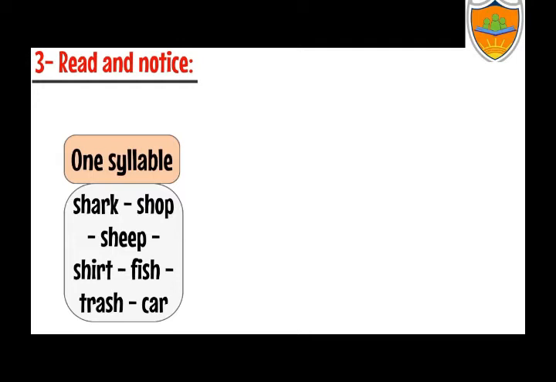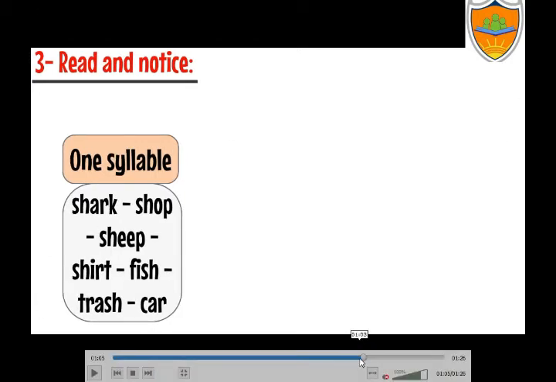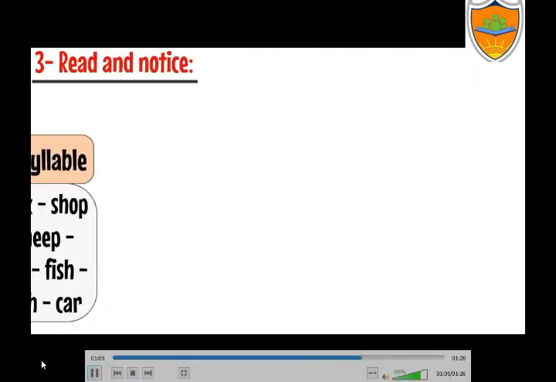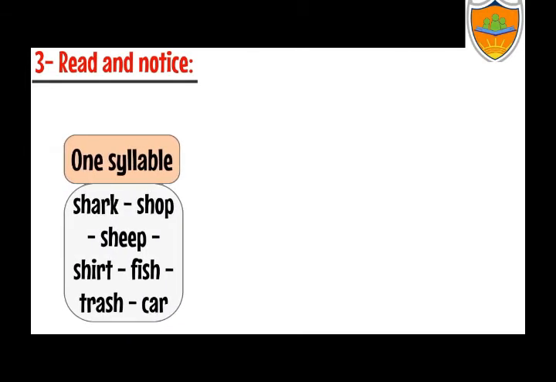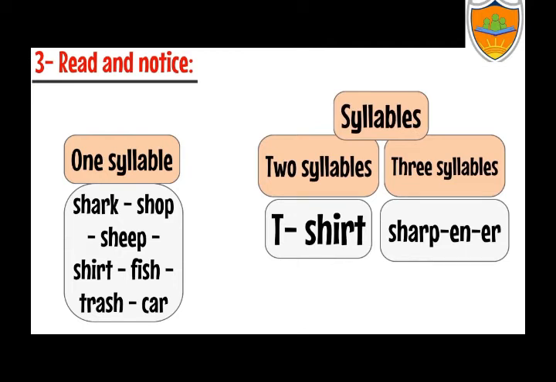Let's notice together. One syllable: shark, shop, sheep, shirt, fish, trash, car. 2 syllables: t-shirt. 3 syllables: sharpener.